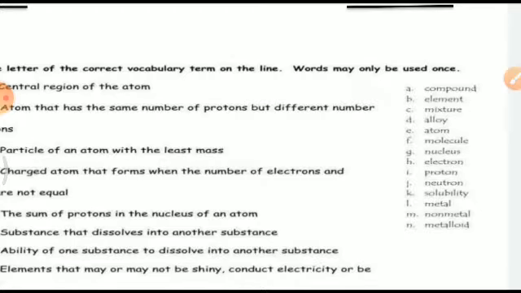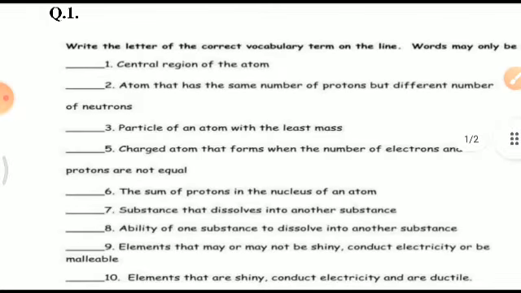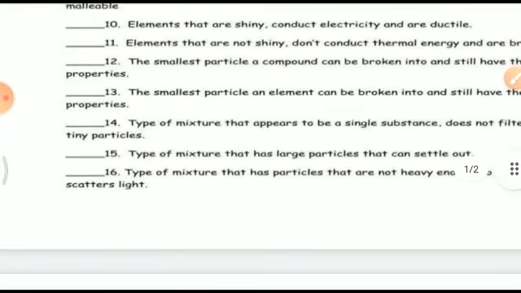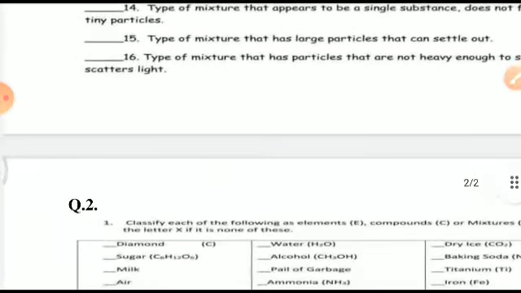So it is called atomic number. Substance that dissolves into another substance. Substance that dissolved, it is the solute. So you just write the answers here, and lots of exercises are there.